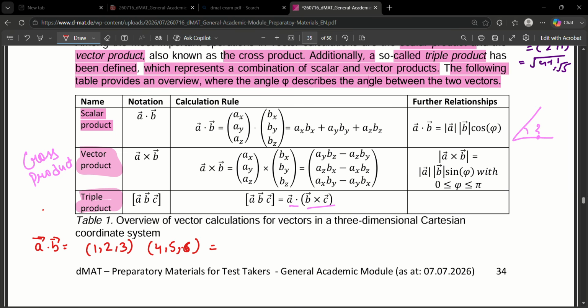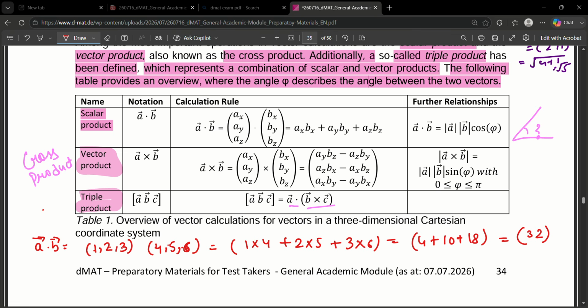You multiply 1 with 4, 2 with 5, 3 with 6: 1 times 4 plus 2 times 5 plus 3 times 6. That is 4 plus 10 plus 18, 14 plus 18, which is 32. So the answer is 32.